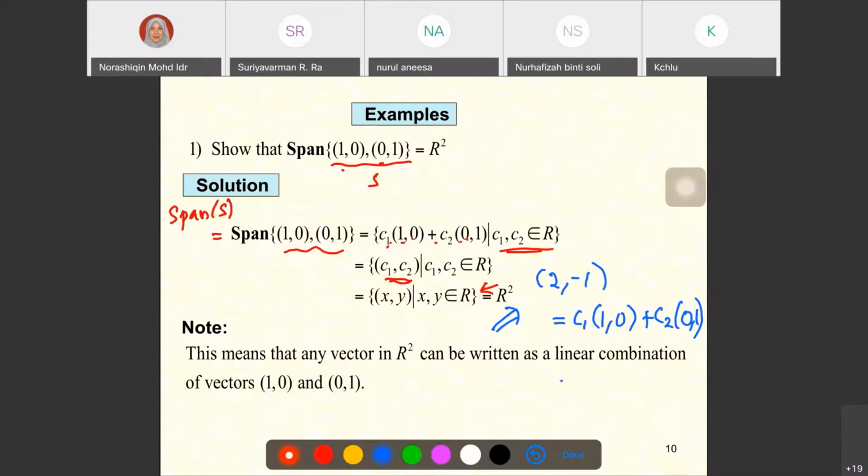So we have C1 equal to 2 and C2 equal to negative 1. So (2, negative 1) can be written as 2 times (1, 0) plus negative 1 times (0, 1).